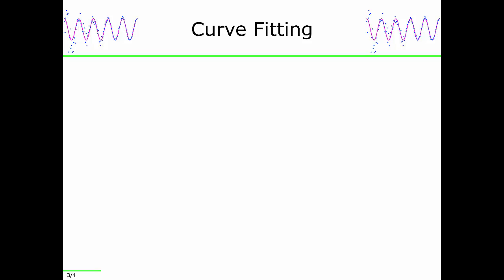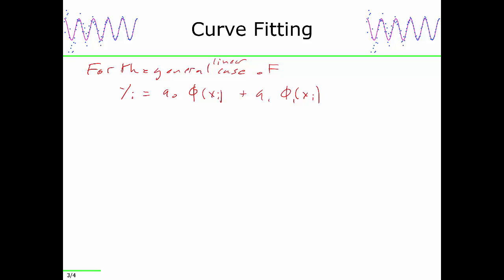So for the general linear case, y sub i equals a0 phi 0 of x sub i plus a1 phi 1 of x sub i. This is the general case.